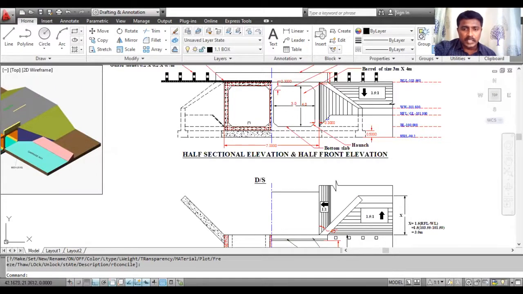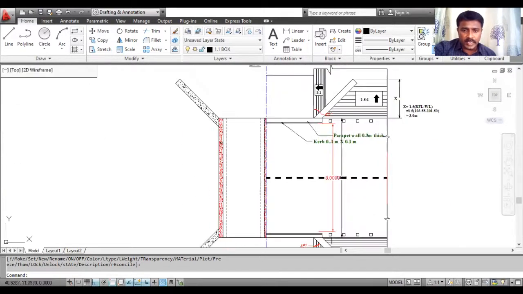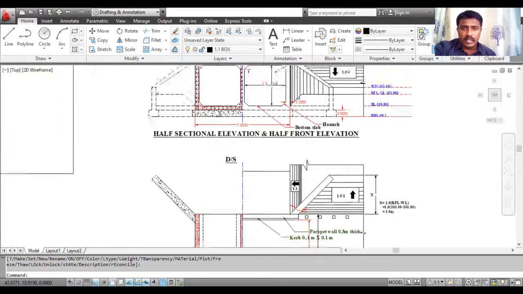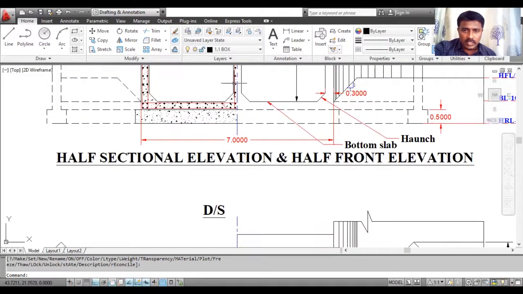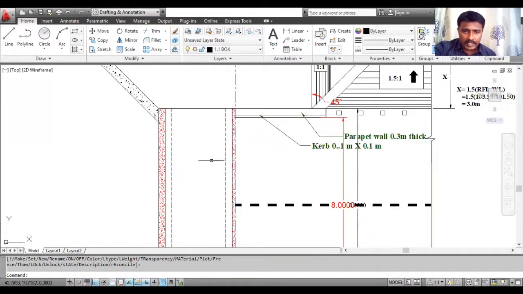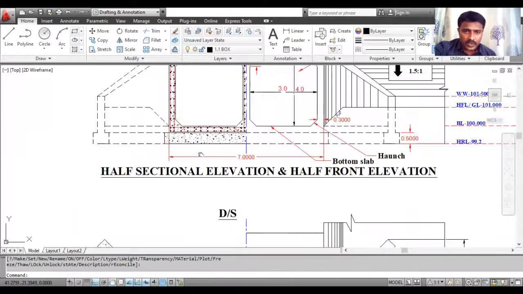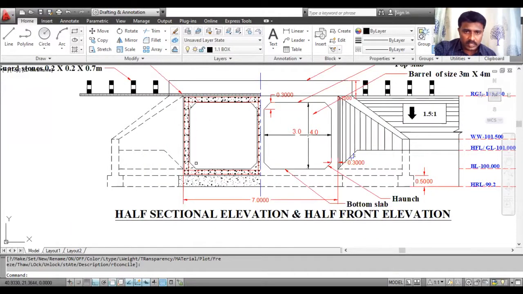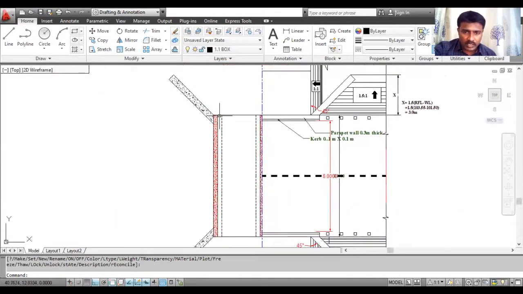When you cut, what is visible to us in these portions? That is the reinforcement and cement concrete, and these portions also, reinforcement and cement concrete. Then this dashed line is the haunch line. Haunch line means, here this is the haunch line. We have shown the haunch line as a dashed line.